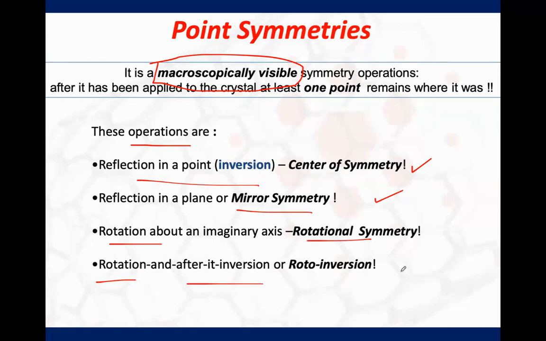That will give you roto-inversion. But later you realize that roto-inversion also gives you the same mirror symmetry. So these are the symmetry operations that you can do for a crystal.